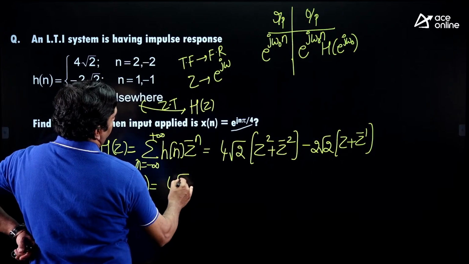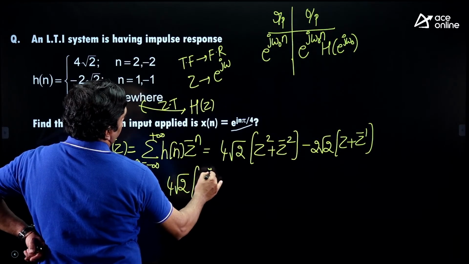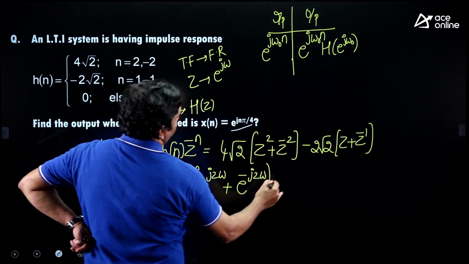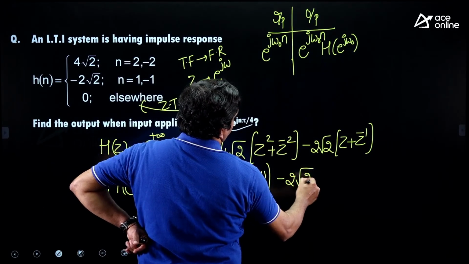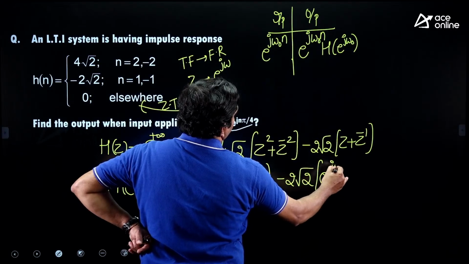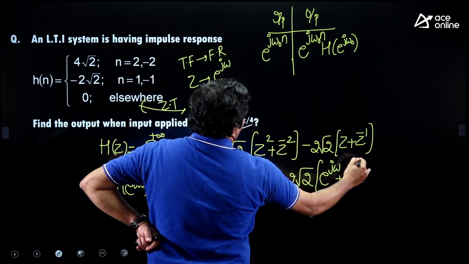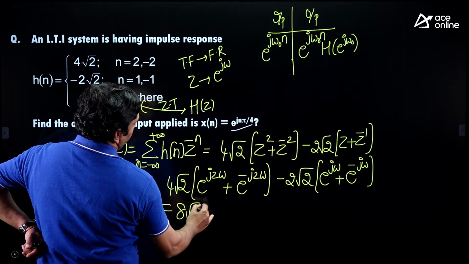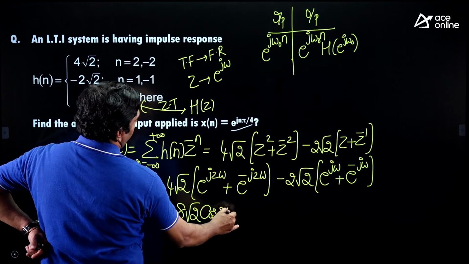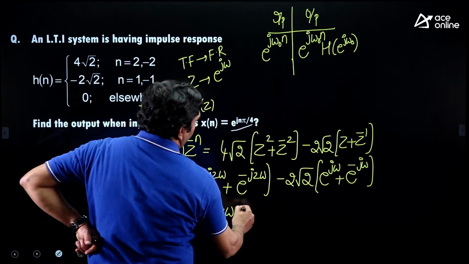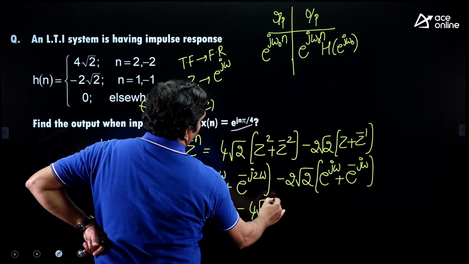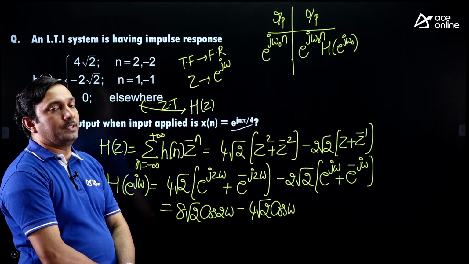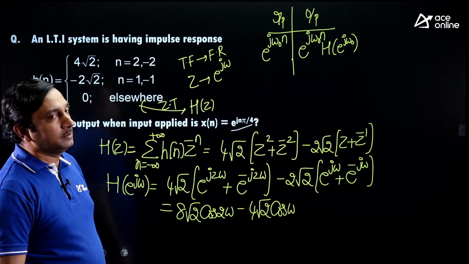Replace z as e^(j omega). After doing that replacement, first term can be written as 8 root 2 cos 2 omega, adjustment of extra 2. Second term can be adjusted as 4 root 2 cos omega. Adjust to cos theta, general form.